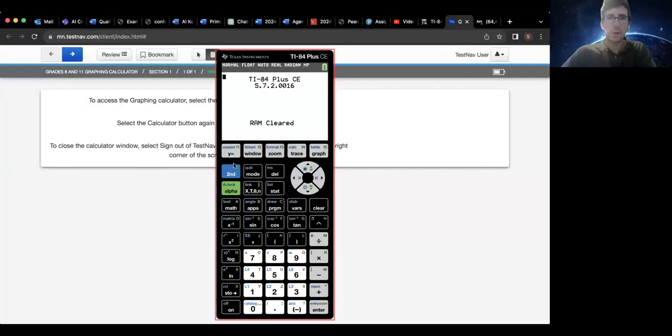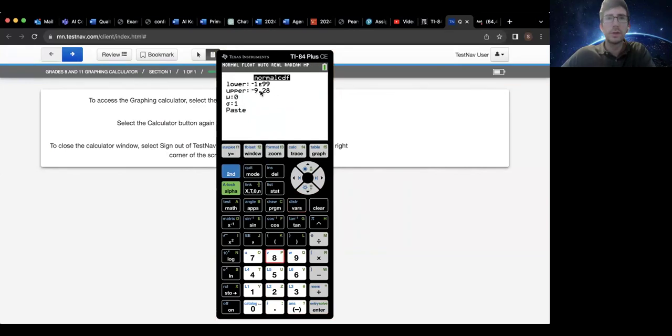So you can go to second vars, right, for our familiar distribution list. This is a normal distribution, so we're going to use the normal CDF function. Let's find the area under the curve to the left of negative 9.28, as we saw in that drawing.